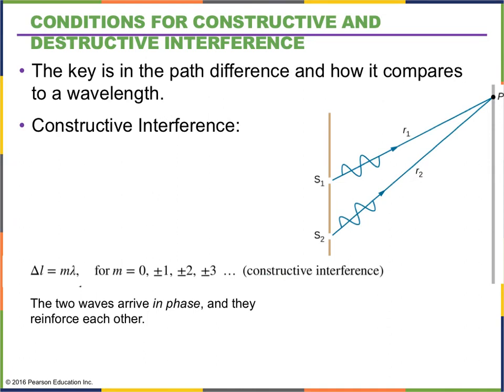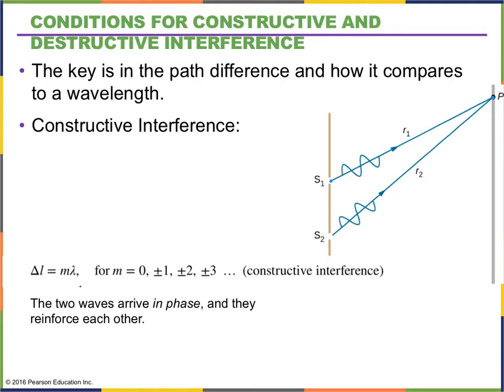And so that's going to be something that is pretty important to understand. So what we want to do is come up with conditions for constructive and destructive interference, and basically what we find is that the path difference matters. When we say the path, we basically mean getting from the place where the wave originates to where we're looking at. Like for this picture, it's at point P. So the path for, say, light ray 1 is from S1 to P, but then there's another wave that comes from S2, and so it has a different path.